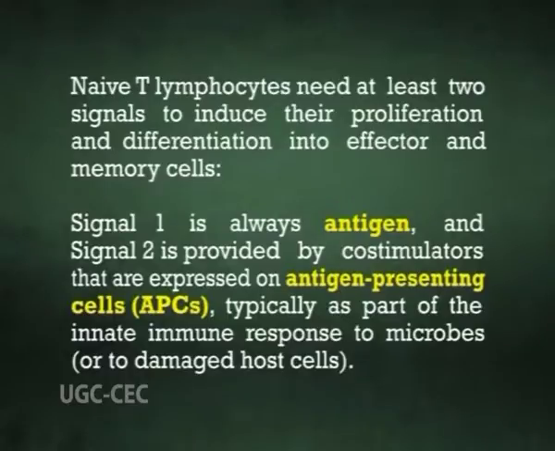Naive T lymphocytes need at least two signals to induce their proliferation and differentiation into effector and memory cells. Signal 1 is always antigen, and signal 2 is provided by co-stimulators that are expressed on antigen-presenting cells (APCs), typically as part of the innate immune response to microbes or to damaged host cells.